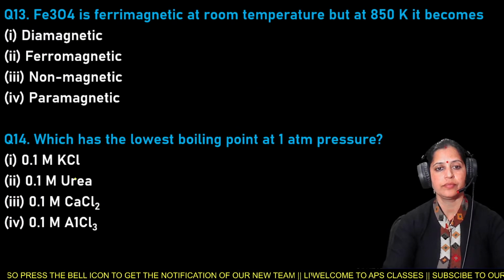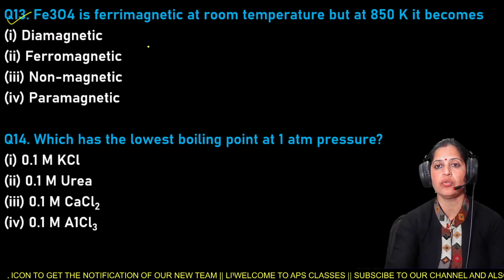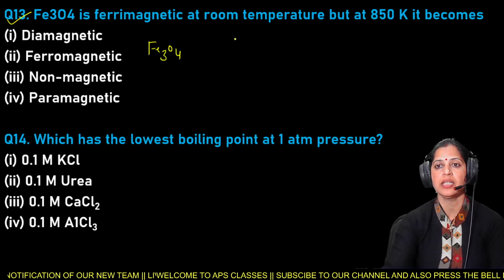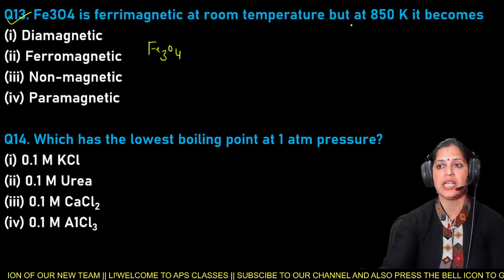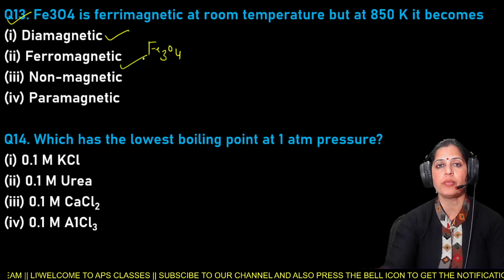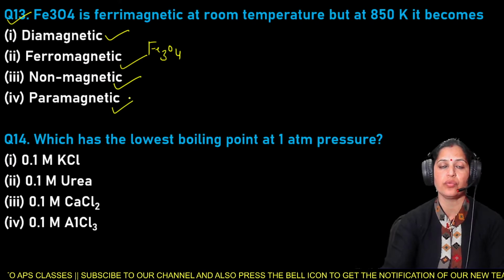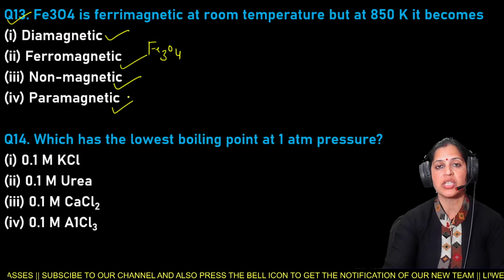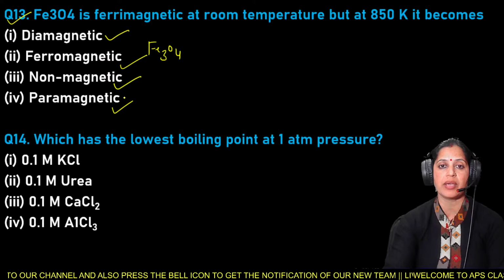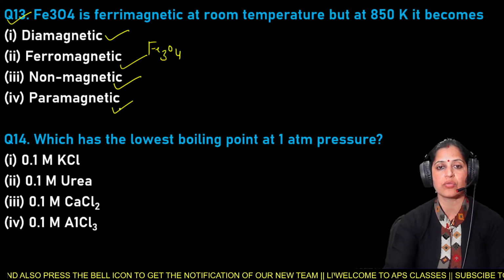Now shift to question number 13. Question number 13 is: Fe3O4 is ferrimagnetic at room temperature, but at 850 Kelvin it becomes diamagnetic, ferromagnetic, non-magnetic or paramagnetic.